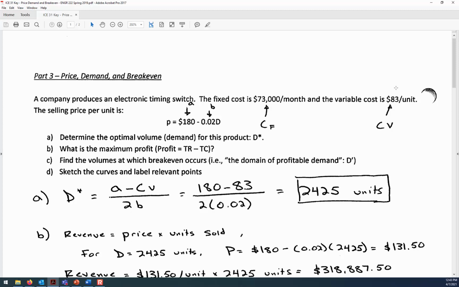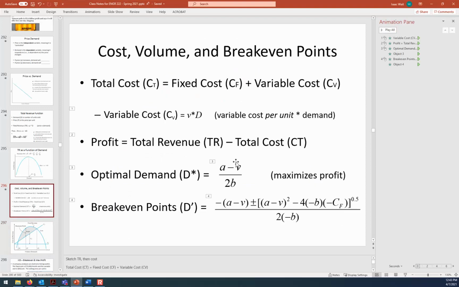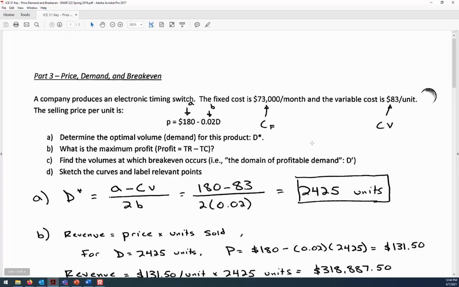The variable cost per unit, in the slide that I'm showing you here, is just lowercase v. In a previous text, it had a slightly different variable assignment. So here I'm calling it C sub v. That means the variable cost per unit.